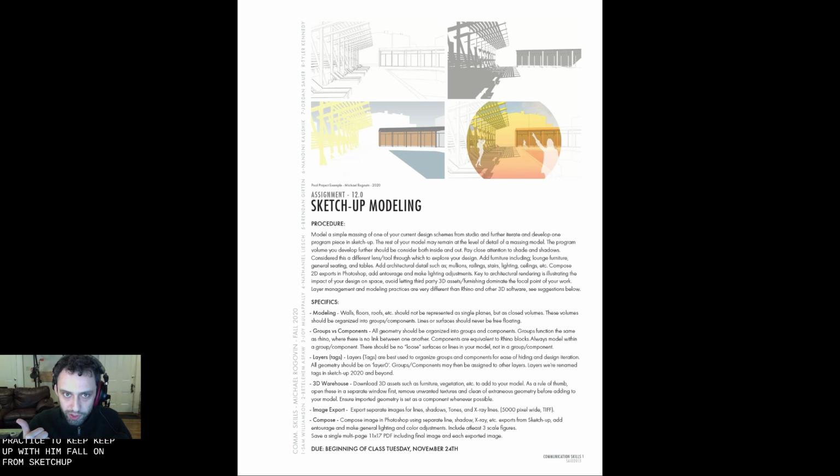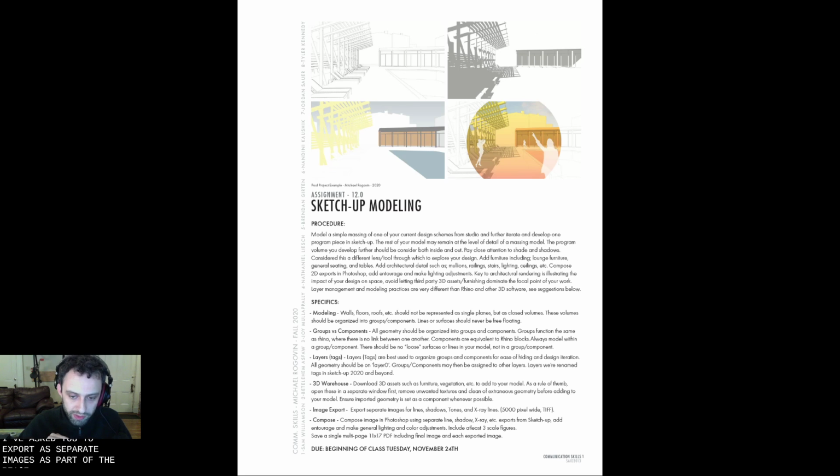From SketchUp, we're going to export a series of images. You see 3 of those examples in this image here. Essentially the line work straight out of it, the shadows by themselves, some tones by themselves, and then ultimately take this into Photoshop and make a composition out of this, adding in at least 3 people. At the end, I'd like you to create a single multi-page 11 by 17 PDF that has your final image, and then the 4 layers that I've asked you to export as separate images.